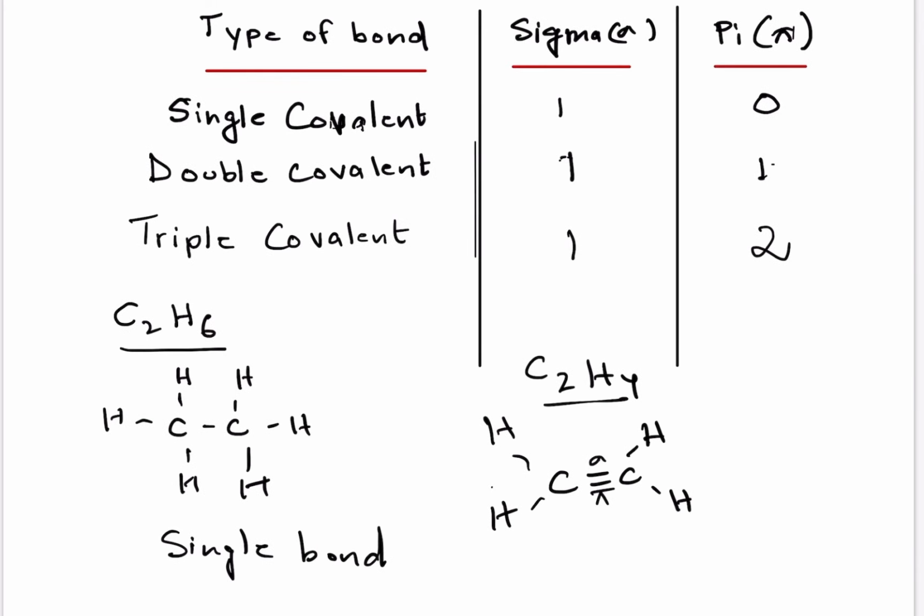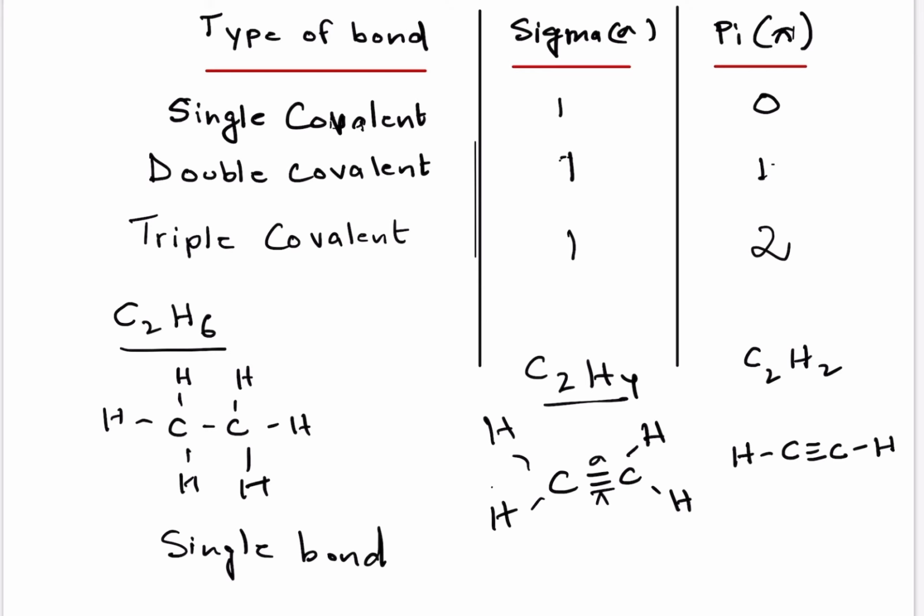And when you look at the triple bond, that is C2H2, if you draw the structure, C with a triple bond there, and a C with a single bond to H over there and a single bond to H over there. Now in this structure, that is the triple bond, we can call this ethyne because it's a triple bond. What we observe is there is one sigma bond.